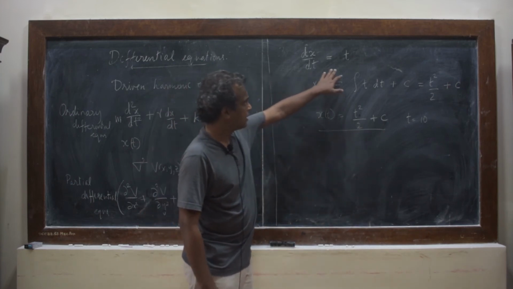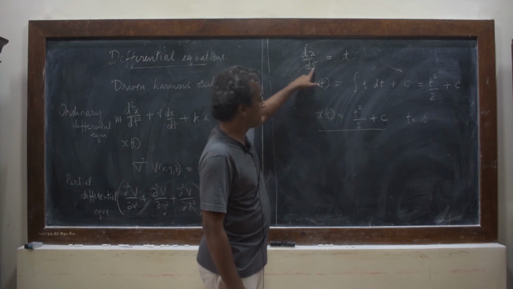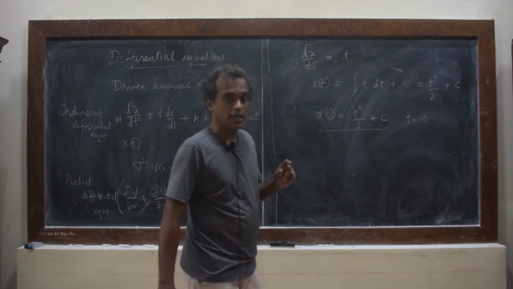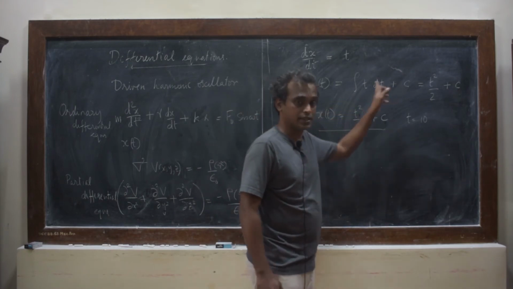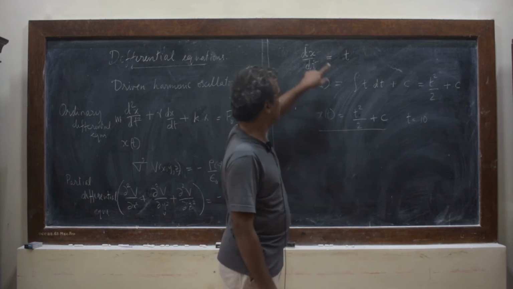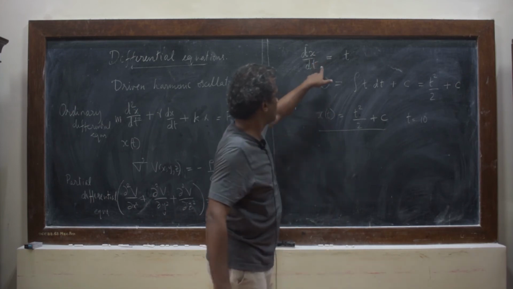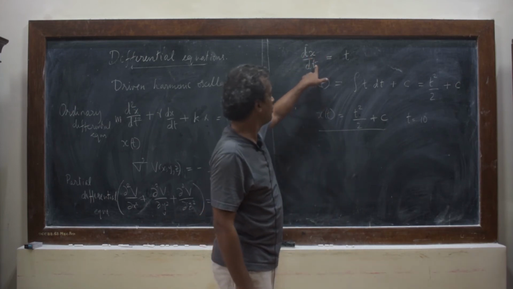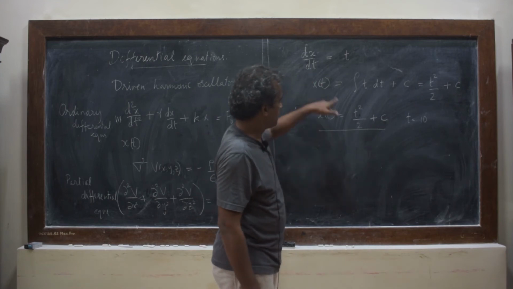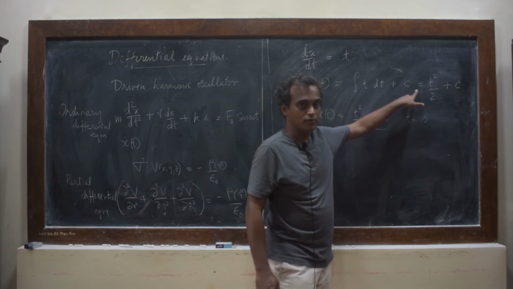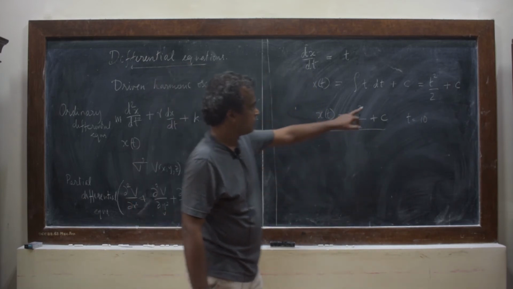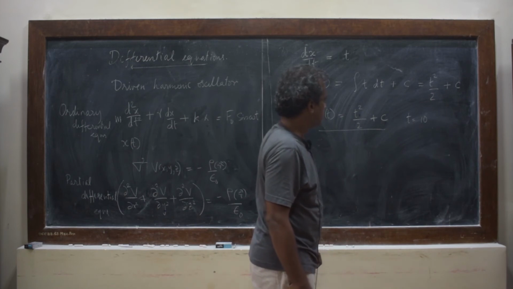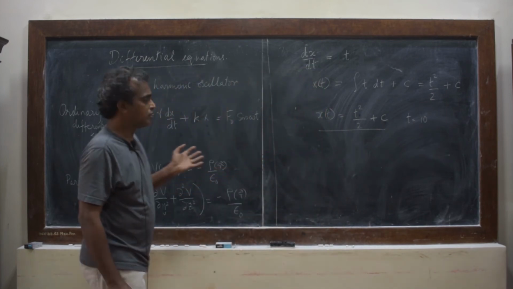The differential equation that we looked at is one which involved a first derivative of some function x of t, and when I tried to solve that, I had to integrate it once because I had to remove the derivative on the left hand side, and that process of integration gave me one constant of integration, c.